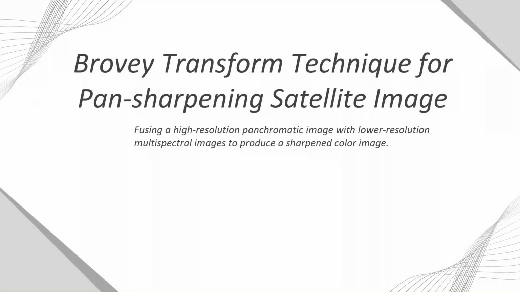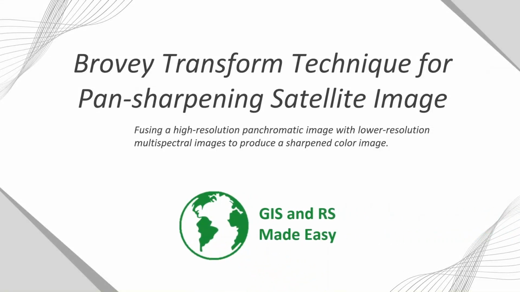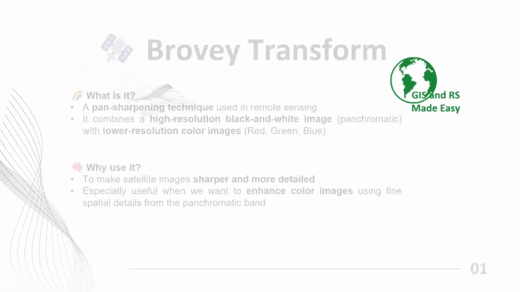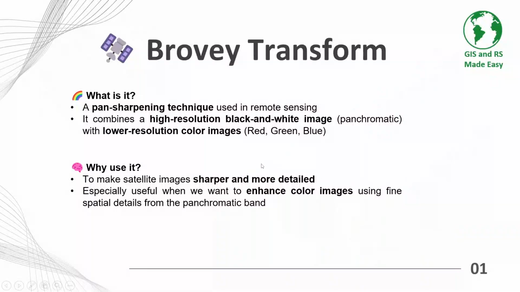Now let's see how the Brovey Transform technique works. It is used to pansharpen satellite images using fusion of a high resolution panchromatic image with a low resolution RGB or multispectral image to produce a sharpened color image. We already said that this is a pansharpening technique.